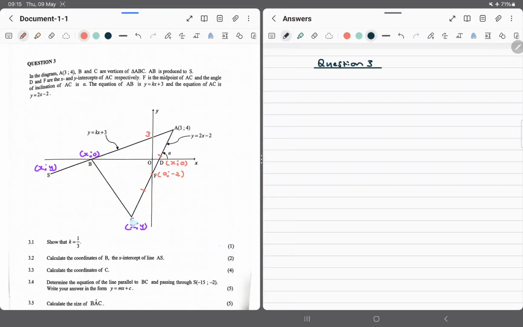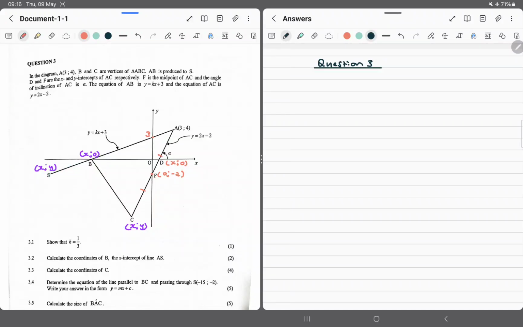Once we find the coordinates of C, it's going to be easy to find the gradient. We've got point A, so we substitute point A there. We'll have the gradient as the unknown, and then we'll have the gradient. Then we have the full equation. Then we can work out the coordinates of B. Then we will need some miracle to find the coordinates of S, because there's no way here we can find those coordinates.